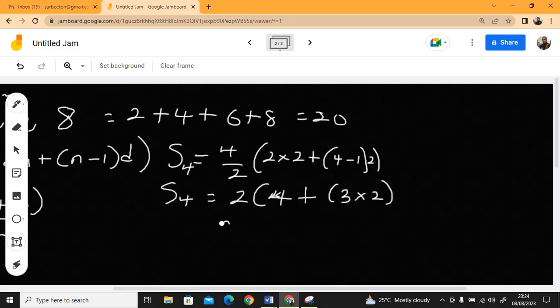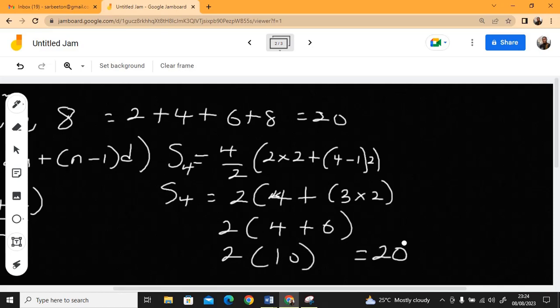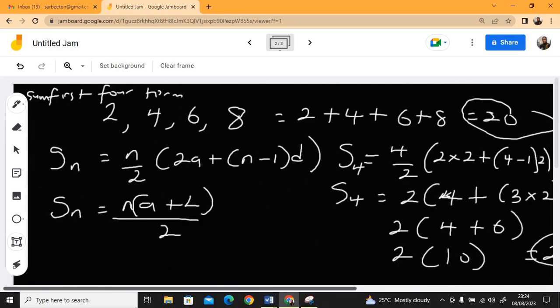So we have 2 times, 4 plus 3 times 2 which is 6. So 2 times, 4 plus 6 is 10, and 2 times 10 will give me 20, which is the same thing as what is at the top here. So that was what leads to that formula. So let's do the second one and see if it will give us the same answer.